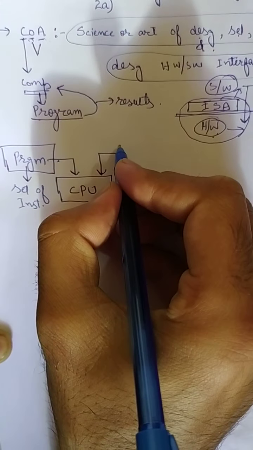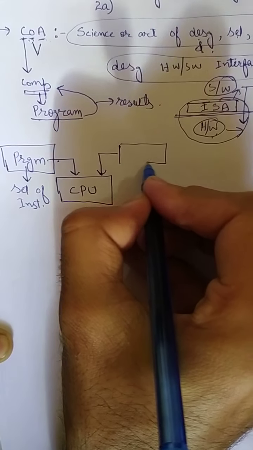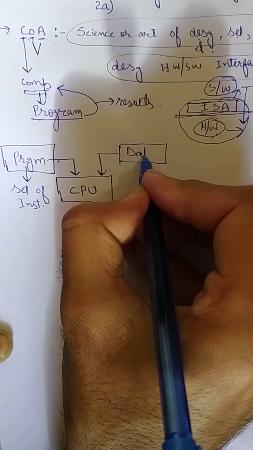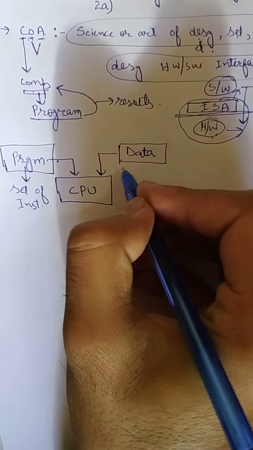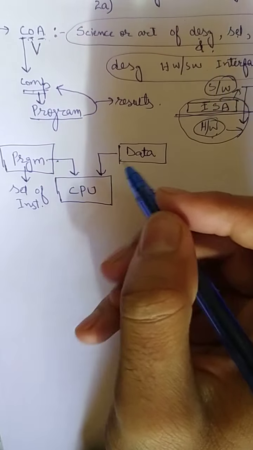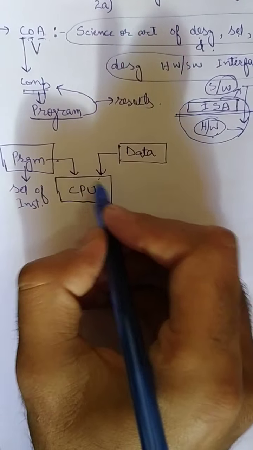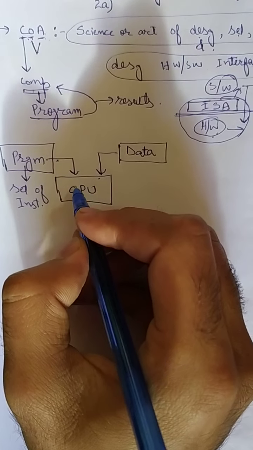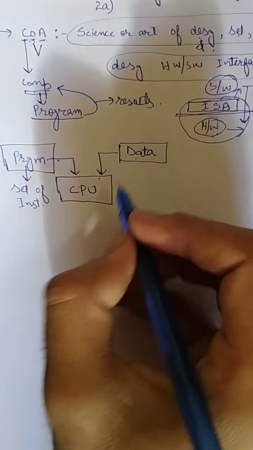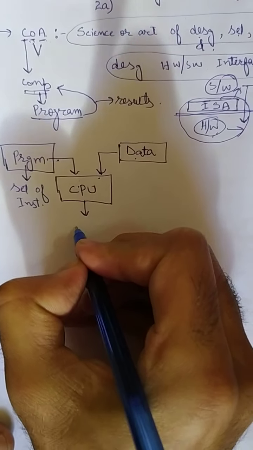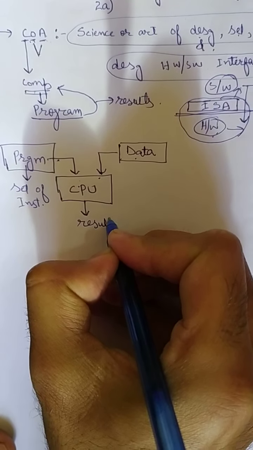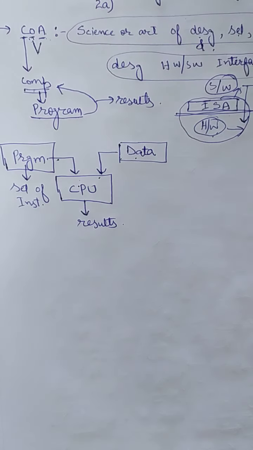And the second thing provided as input to the CPU is the data. Data may be images, files, videos, or anything. The CPU takes the instructions, applies them on the data, and gives us the results. This is the actual working of a computer system.